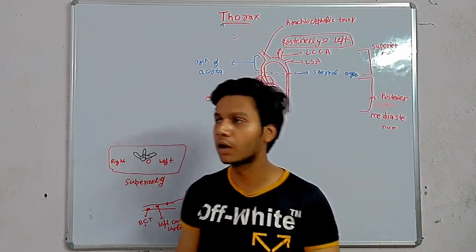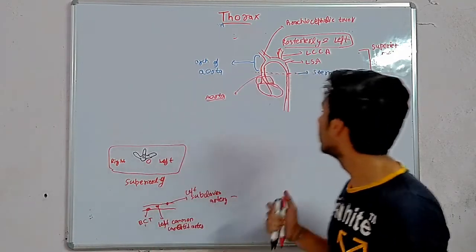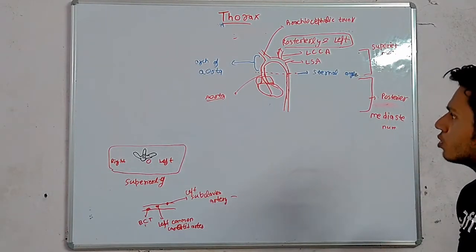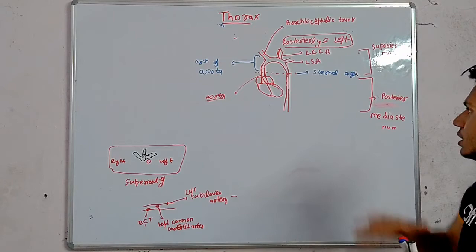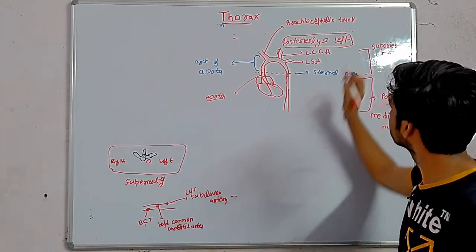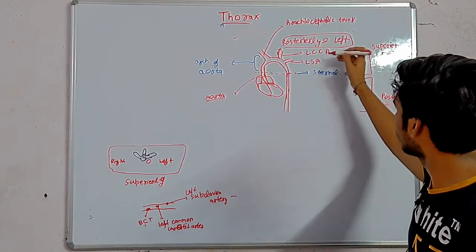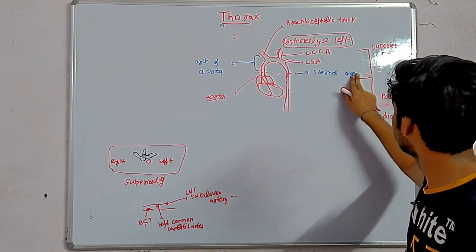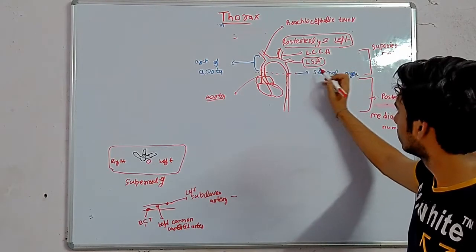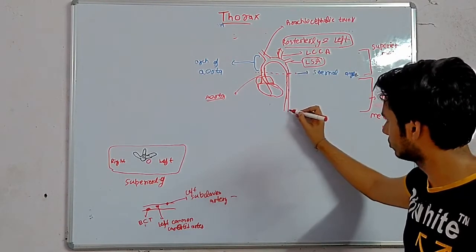So we have to cover all intercostal spaces. We have to supply all the muscles and bones in the intercostal spaces. So first, from both sides, this is the subclavian artery. We know this.